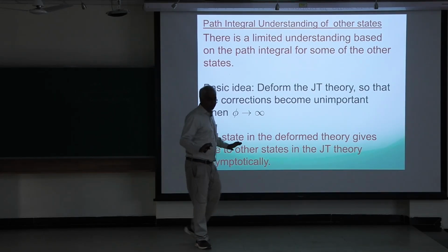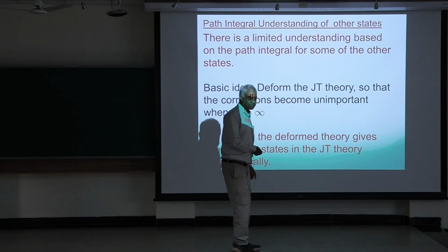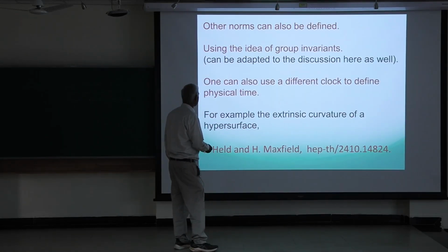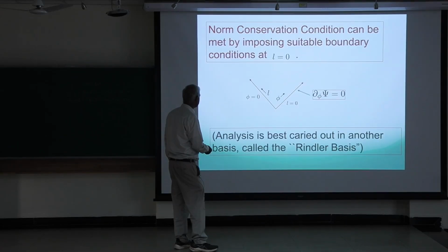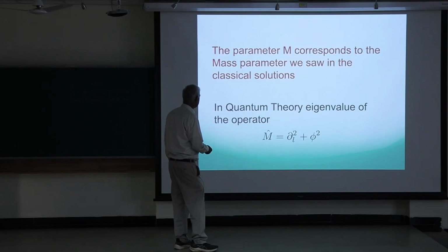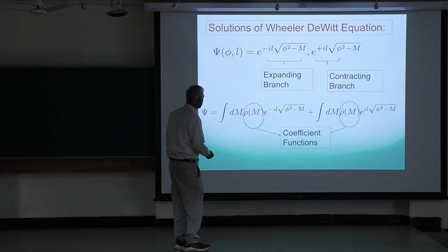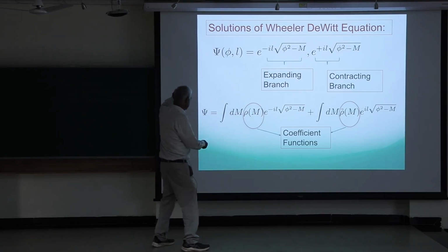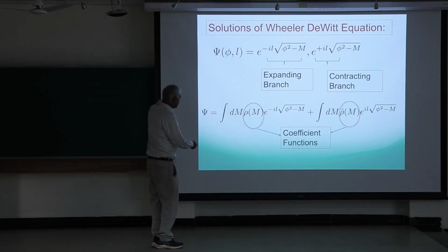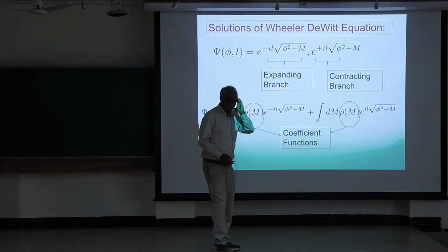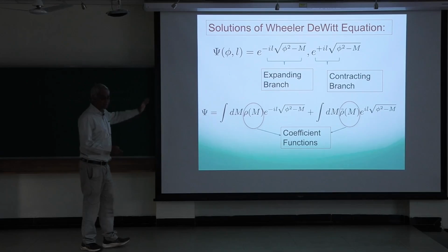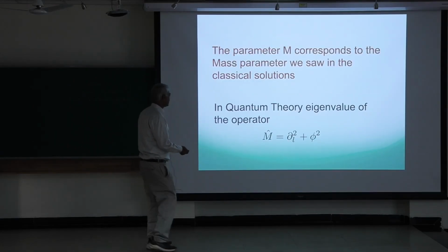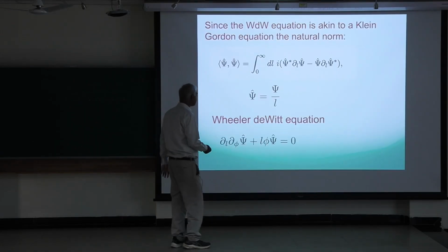First of all, the Hartle-Hawking state you can check is a linear superposition of this type, with a particular value of rho of m. Sorry to go back. If I took the Hartle-Hawking state in the expanding branch, you can write it like that. Rho m takes some particular value, you can figure that out. Of course it had to be, because that's how we fix the Wheeler-DeWitt equation. But what about the other states?